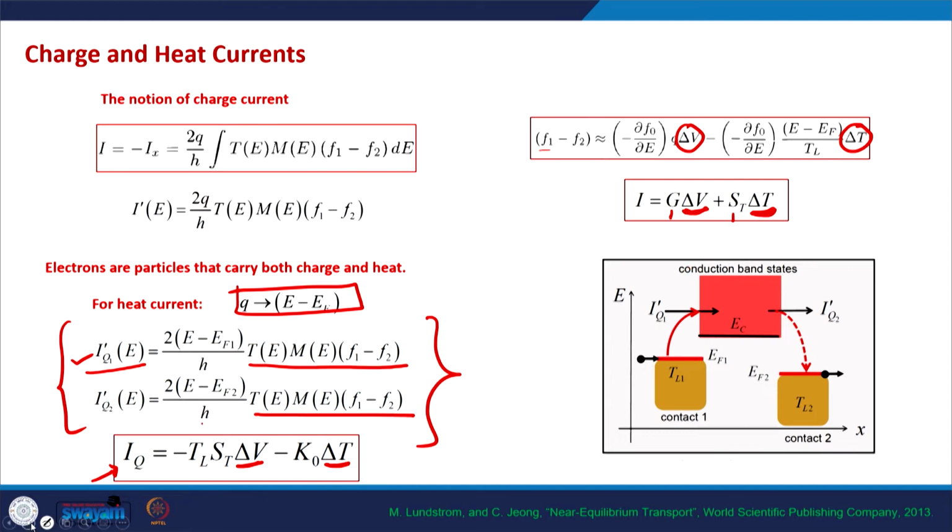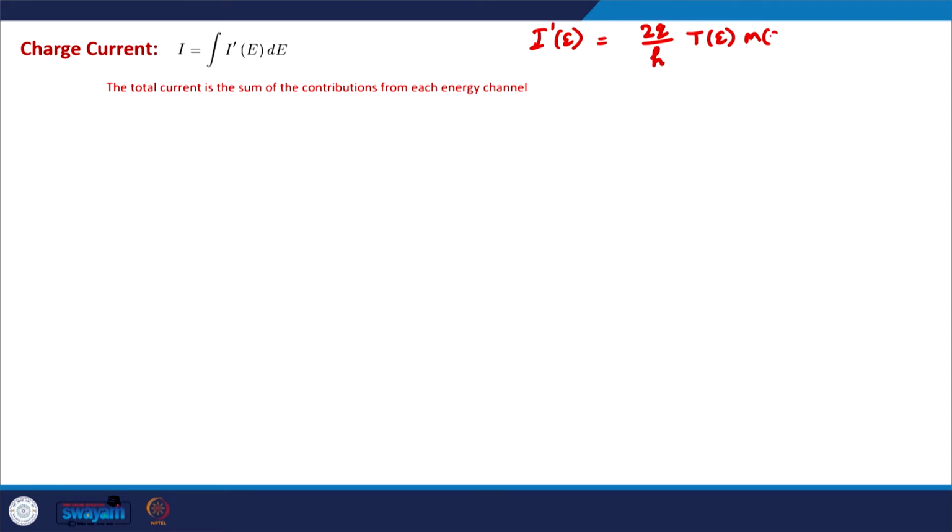So, let us first analyze how the charge current looks. The charge current I prime E, which is the current at a certain energy E, is given by 2q over h times TE ME times (F1 minus F2).